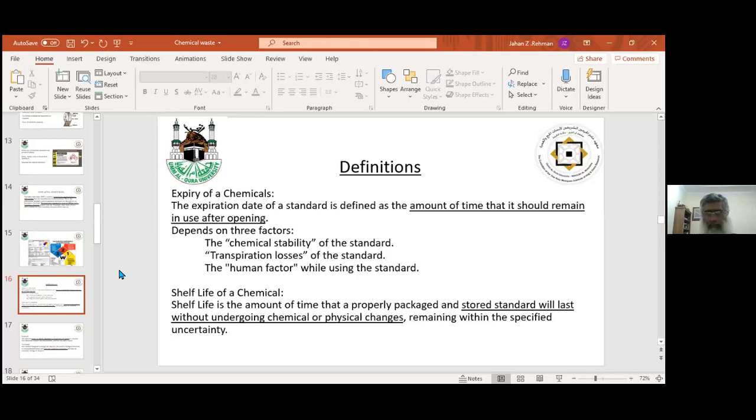after expiry date, potency or the concentration changes. Potency is the exact word.